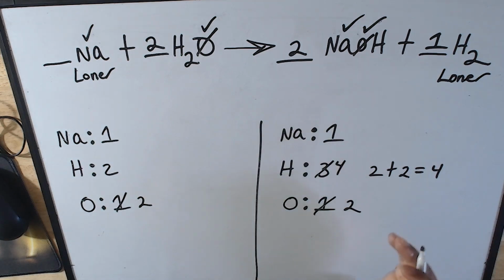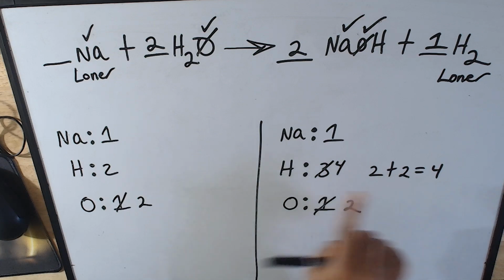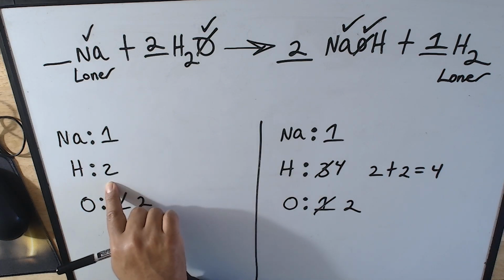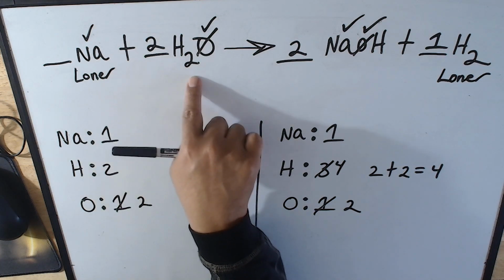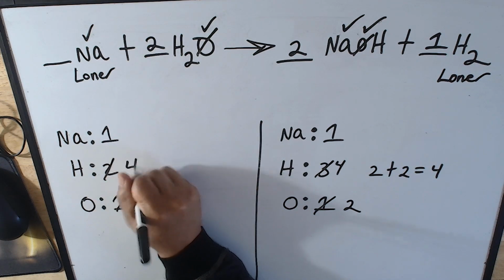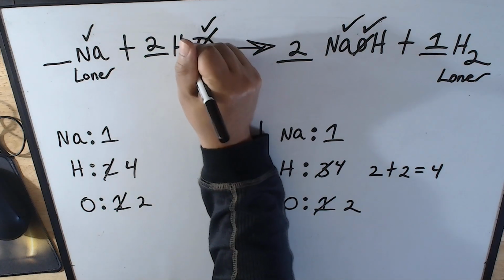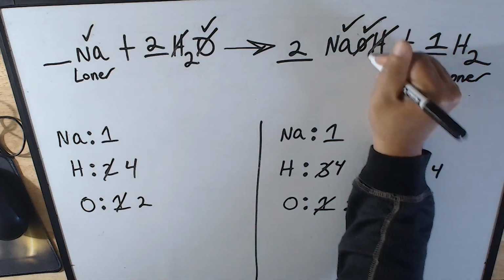For the simplicity purpose, I'm putting a 1 in there. So if I have 4 hydrogen atoms, that means I need to come to the left side and check to see if I have 4 hydrogen atoms. And I do, because 2 times 2 gives me 4. So we are done with the hydrogens.